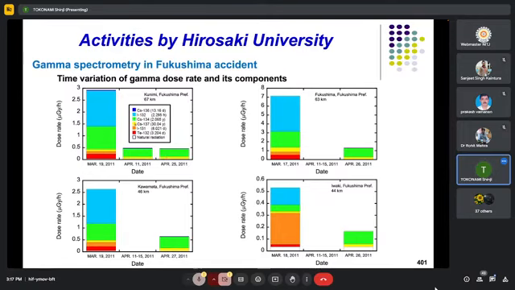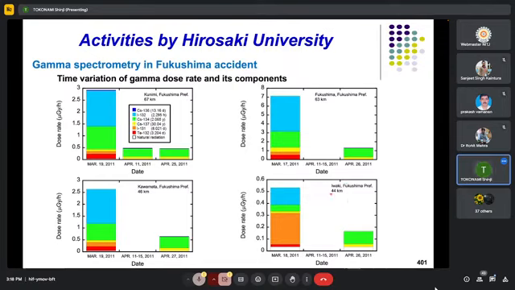You see, this city is located in the northwest. The first plume reached this area. You see, the most significant contribution is iodine-132 produced by tellurium-132.